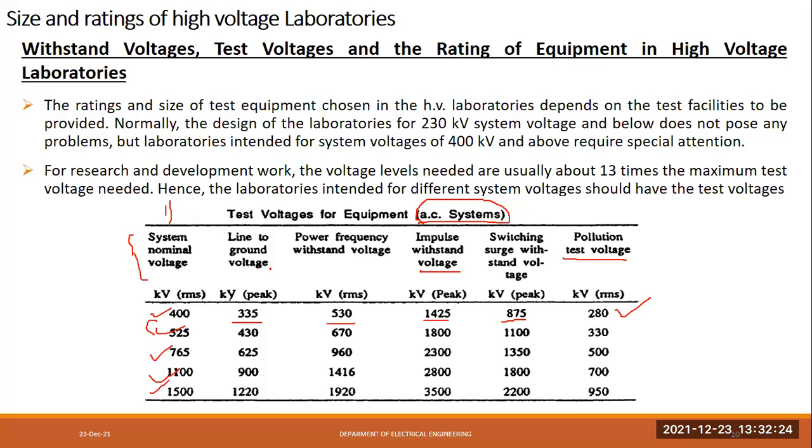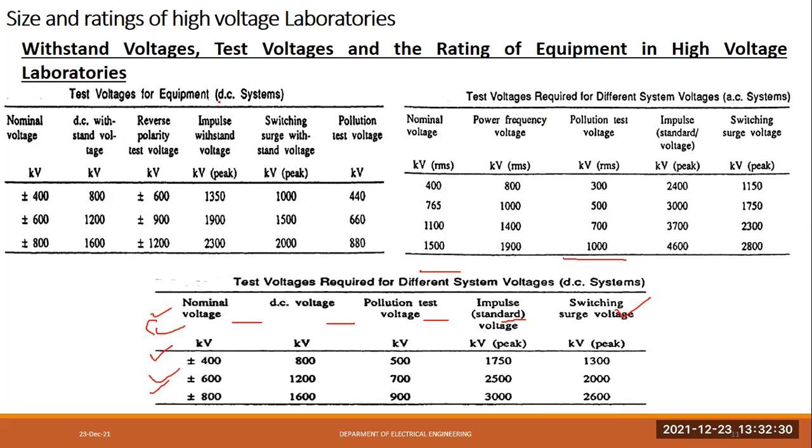In a similar way we can understand the DC systems, like we already saw in the AC system. Currently we can look at the DC system also. In a DC system there is again a nominal voltage, which is around plus or minus 400, 600 and 800 kV.